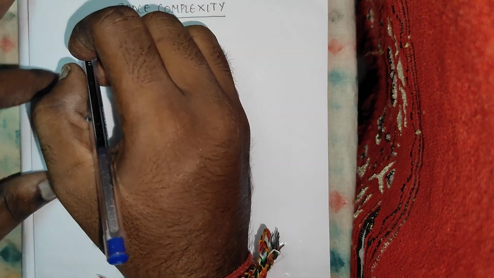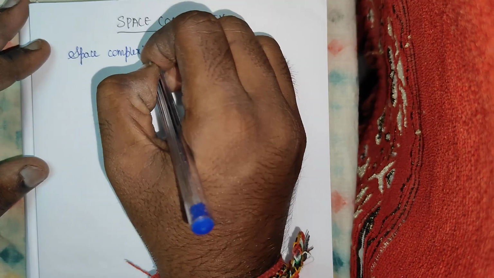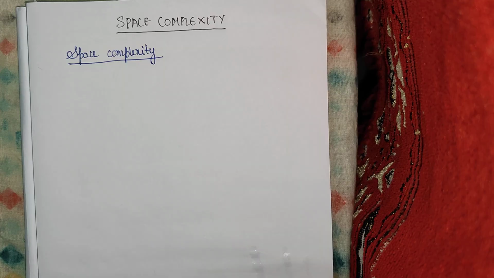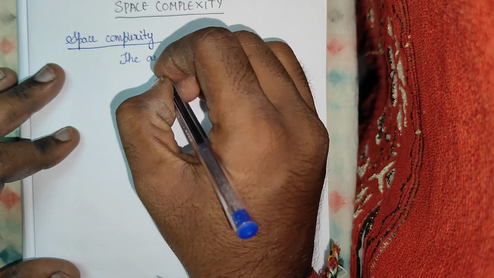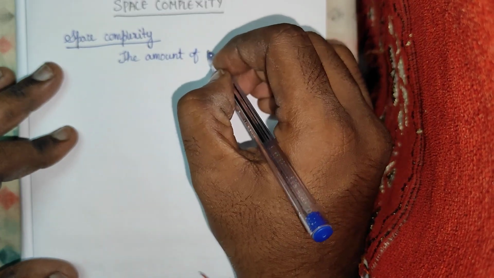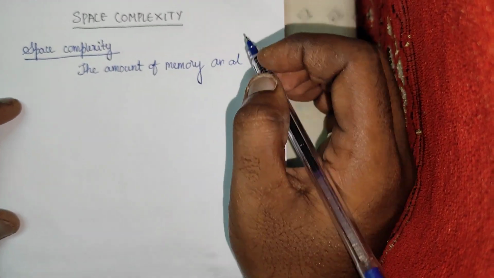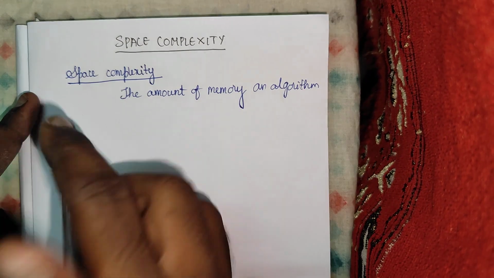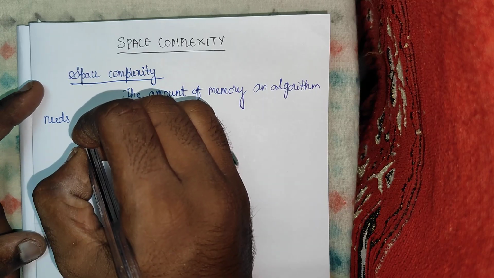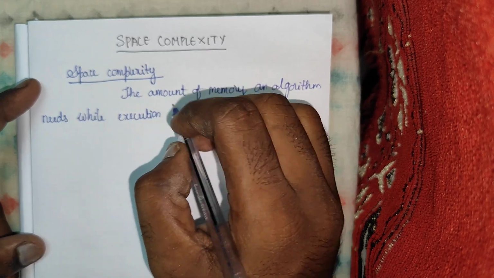So space complexity. Space complexity means how much memory an algorithm needs while execution. The amount of memory an algorithm needs while execution is called space complexity.